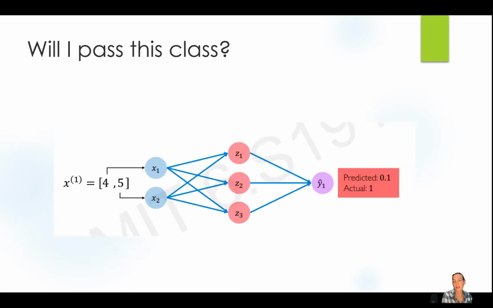Now that means if we feed our example data into the network, so we have a value for x1 and x2, we will get a prediction y hat, and we can compare this predicted value with the actual value. In this case, it doesn't seem very good because our predicted value is 0.1, whereas we want to predict 1, that it will pass.